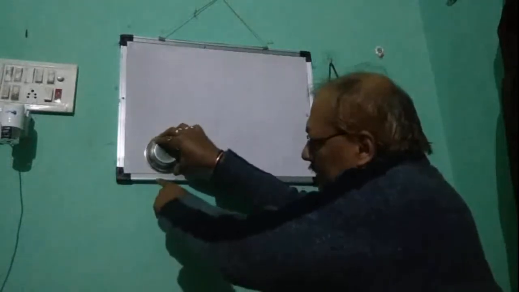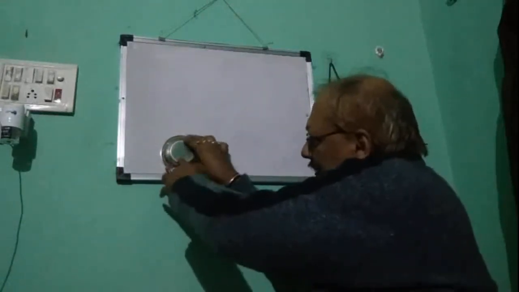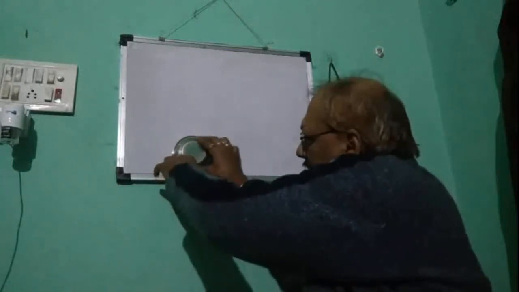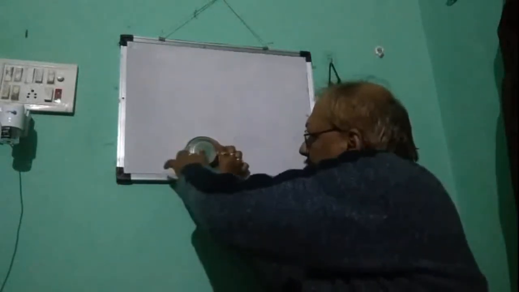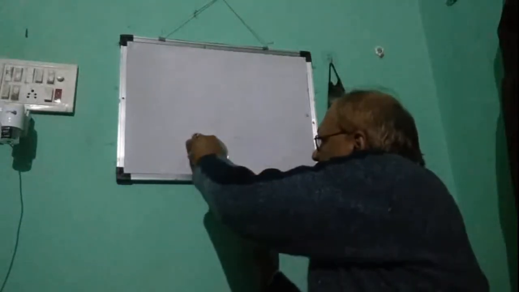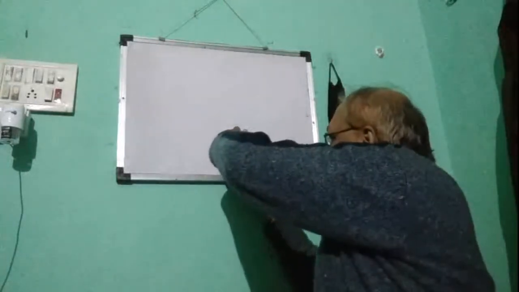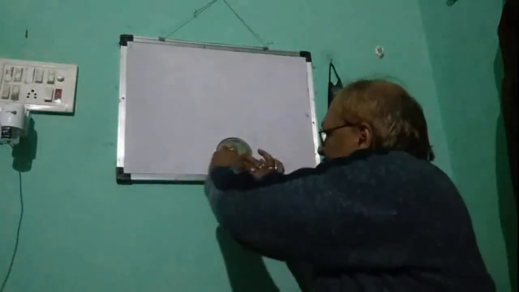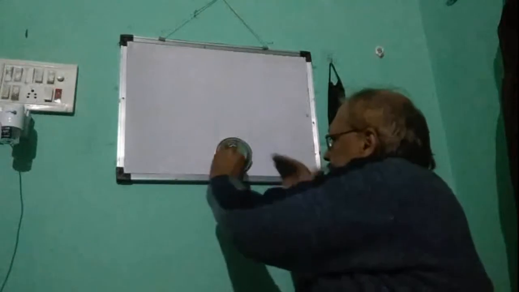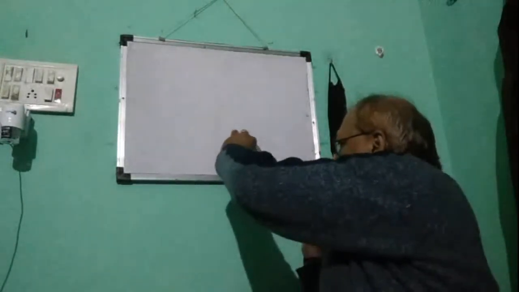It is going like this, like this, like this. Here it is now. Now it will come like this, just like a very shallow parabola or hyperbola, more or less.